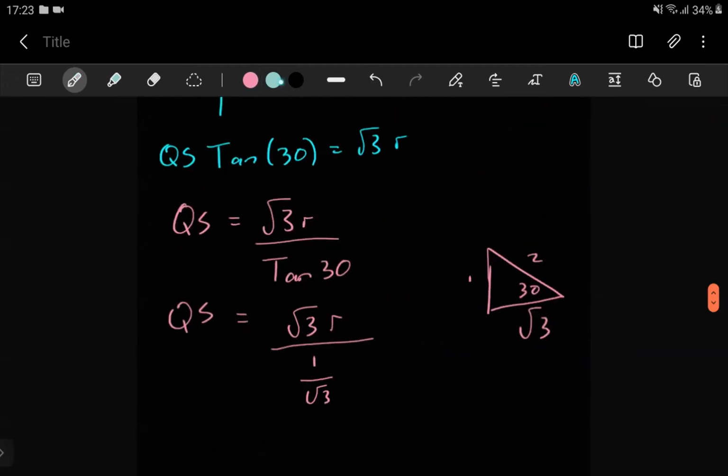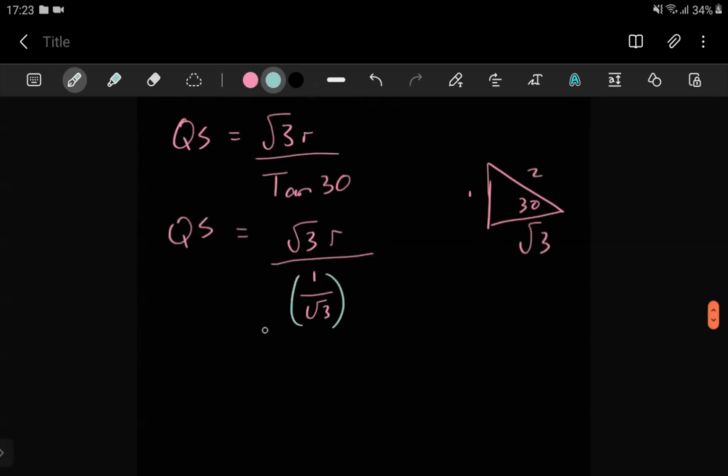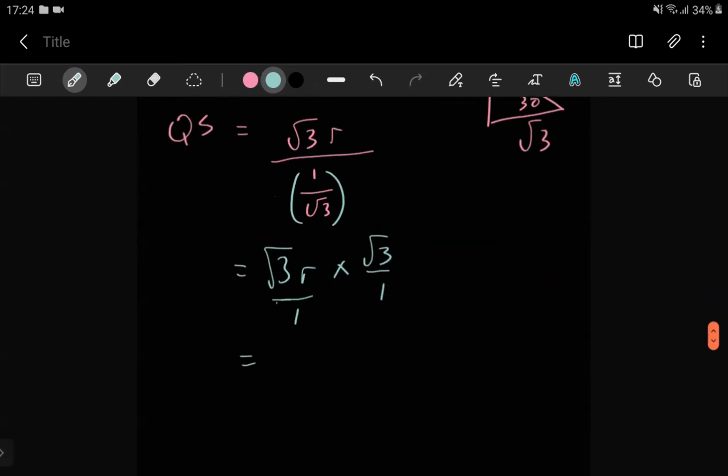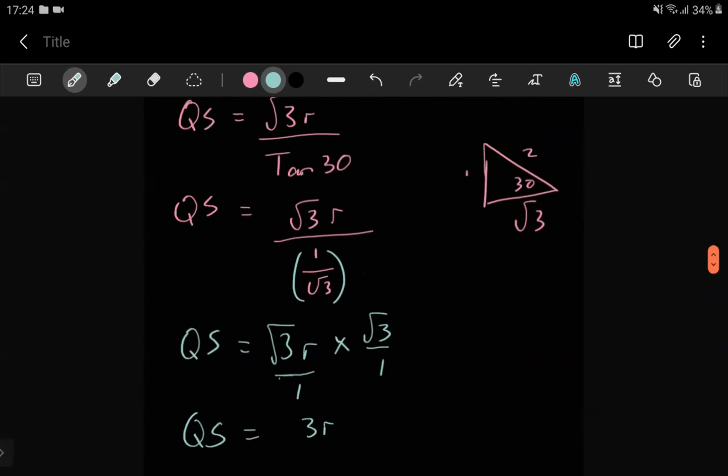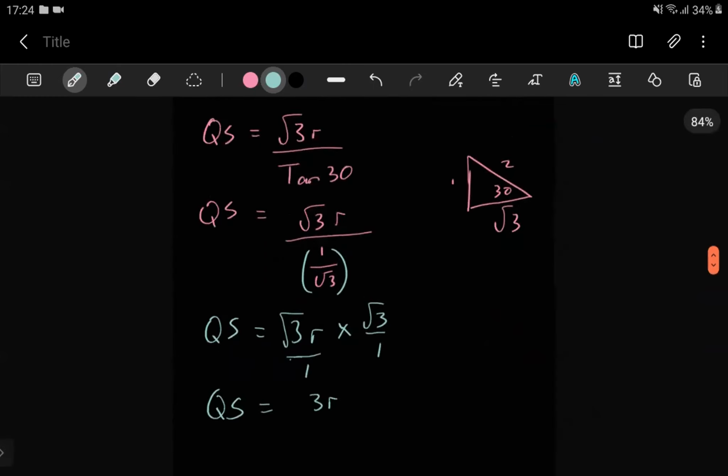Now, if you're dividing with a fraction, you can always tip and multiply. So you're going to multiply this flipped over. So this is going to give you 3R. Do you see it? Wait. Yeah, no, take your time. For the tan 30, right?